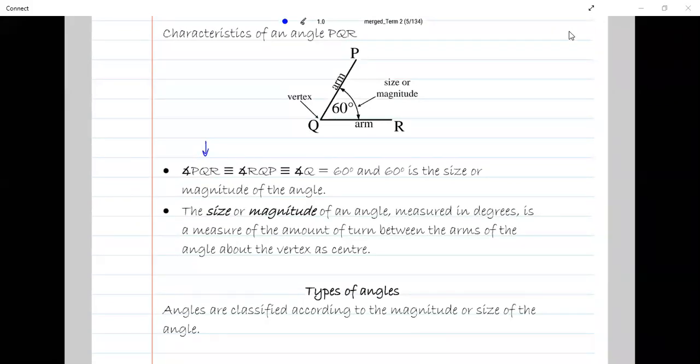Now, ladies and gentlemen, something to note here. Whenever three letters are used to reference an angle, the angle is always at the letter in the middle.